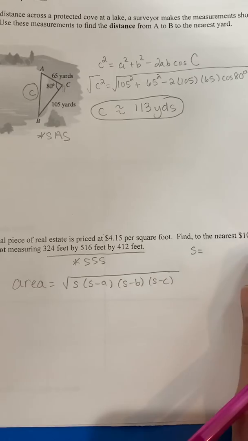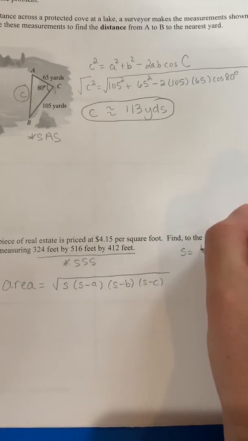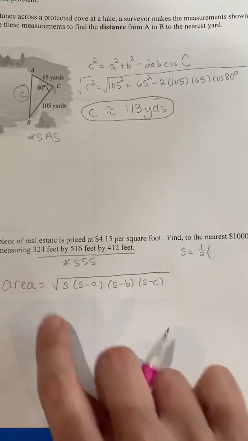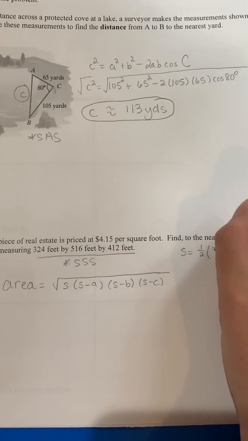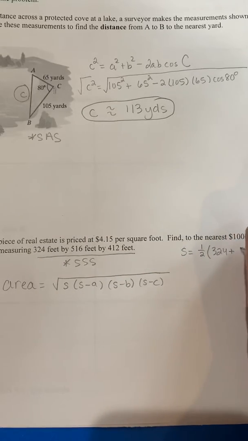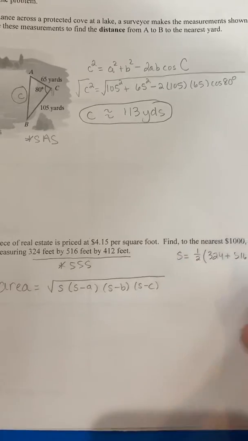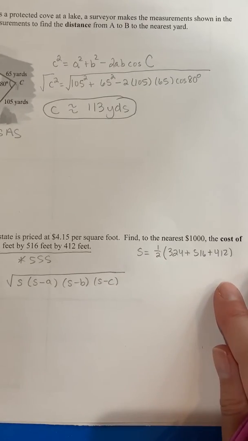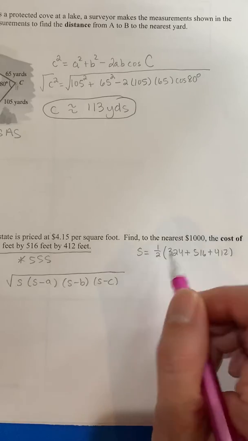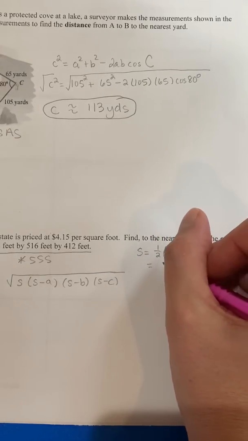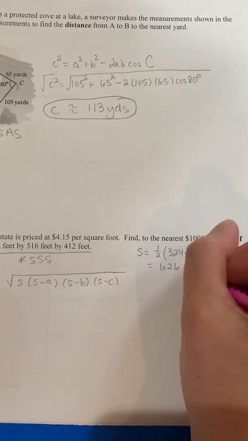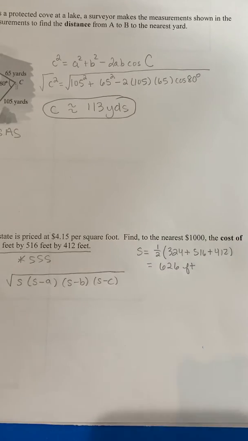So we need to add the 3 sides and take half of that. So I'm going to go ahead and add 324 to 516 to 412. I'm going to go over here and do that part. And when I add and take half, I get that the semi-perimeter is 626 feet.